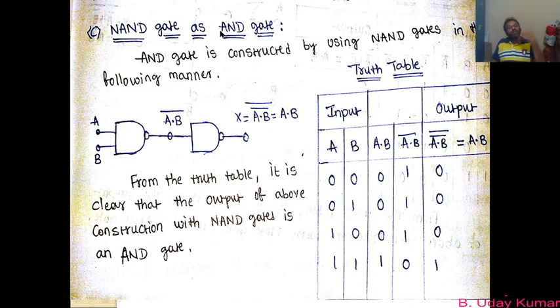So how do we take NAND gates to construct AND, OR and NOT gates? All those things we will try to understand in our next video. Similarly, in our coming videos, we will also see how to use NOR gates to construct AND, OR and NOT gates. So we will discuss these universal logic gates in our next video.